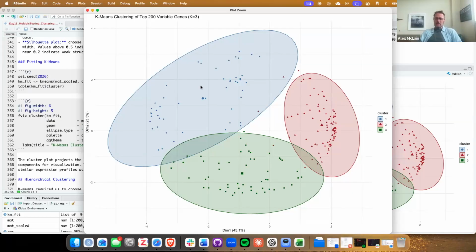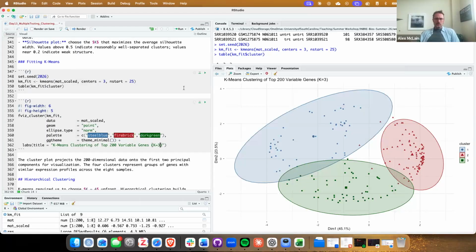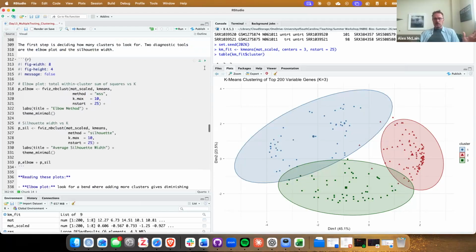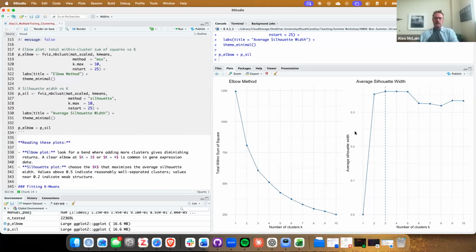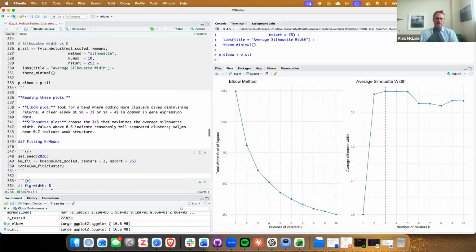But it's nice to see some separate clusters when we do this. Really, to choose the number of clusters, these are our best methods: using the average silhouette or the elbow method.